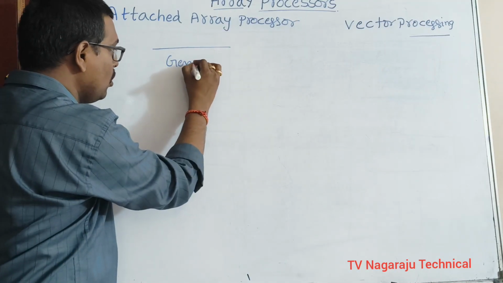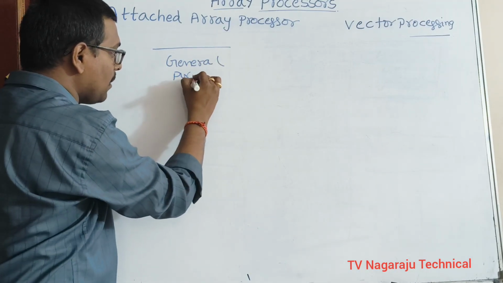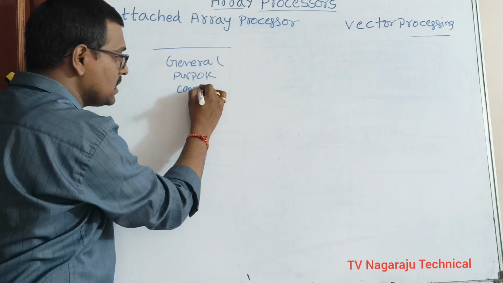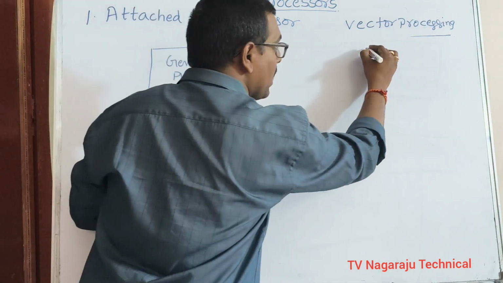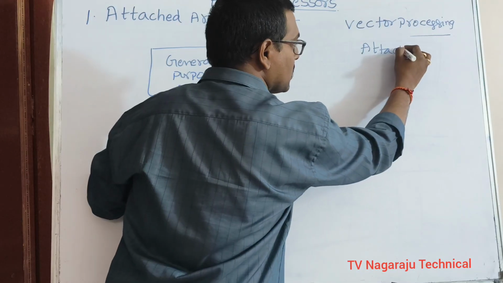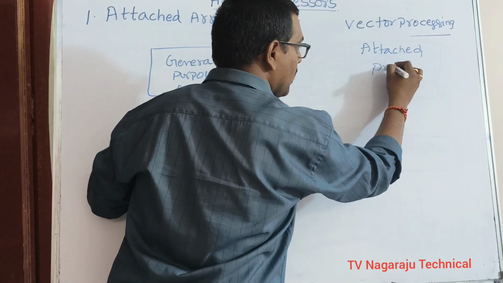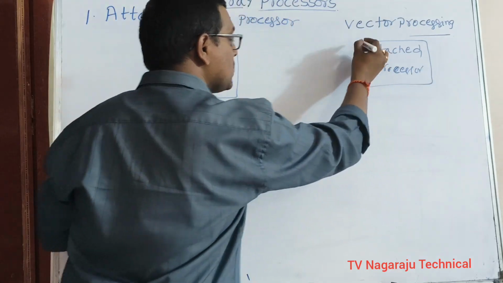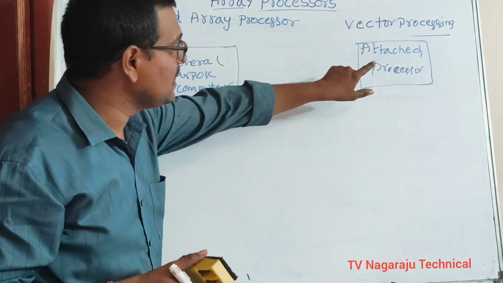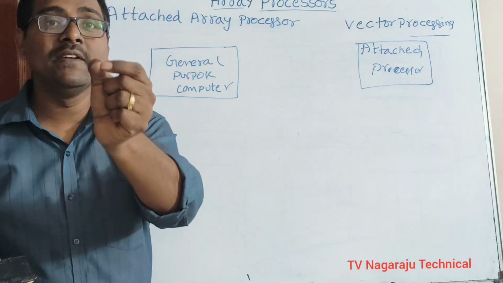Assume we have a general purpose computer. That means this is our regular conventional computer, and assume we have an attached array processor. Now, what we discussed, this attached processor is designed as a peripheral device.